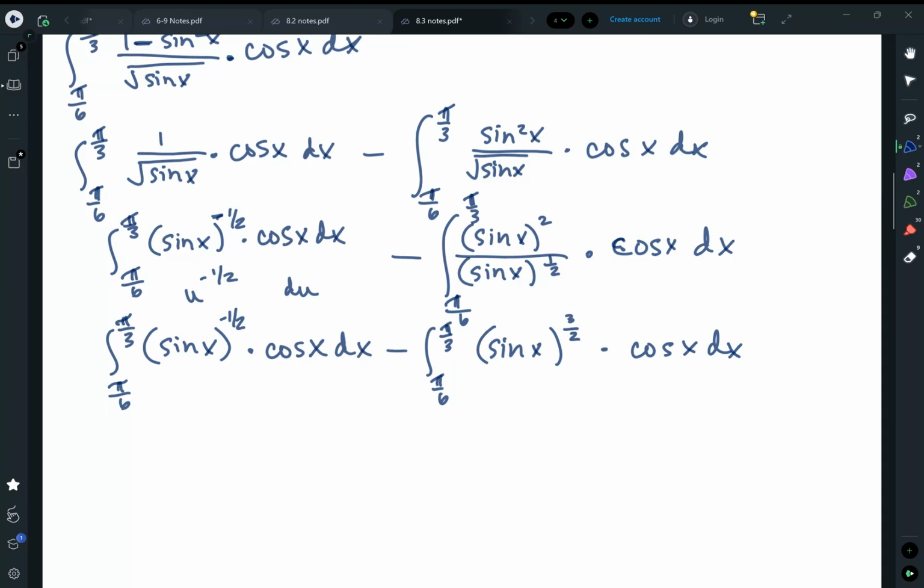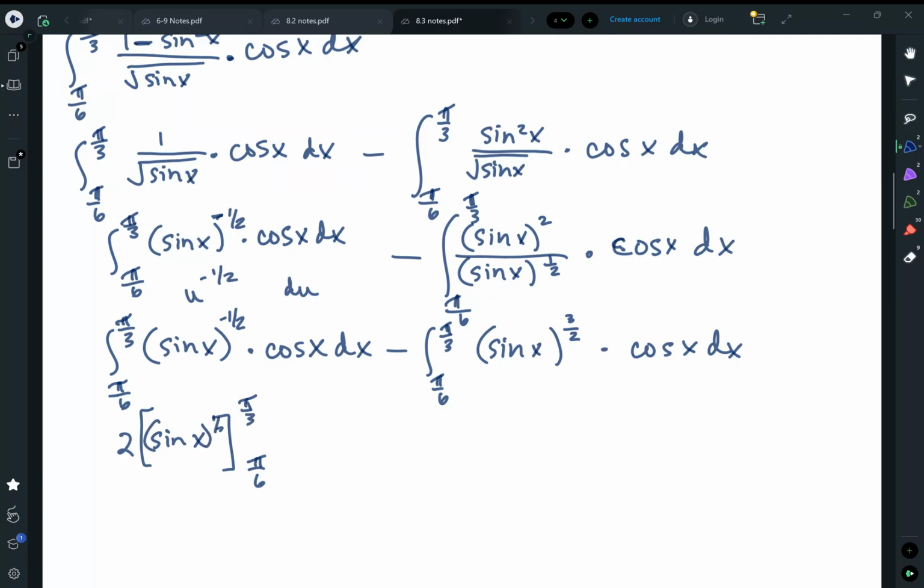Okay, so now I can go ahead and integrate. This is great. So I need to add 1 to my negative 1/2. So my new power is 1/2, and then I have to divide by 1/2. And so that means multiply by 2. So I'm going to have 2 times that sine x. And then remember, this is going from pi over 6 to pi over 3. Oh, but my new power is 1/2.